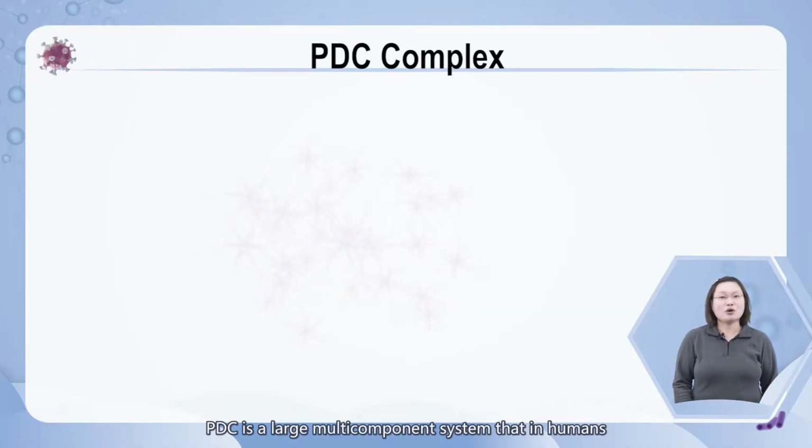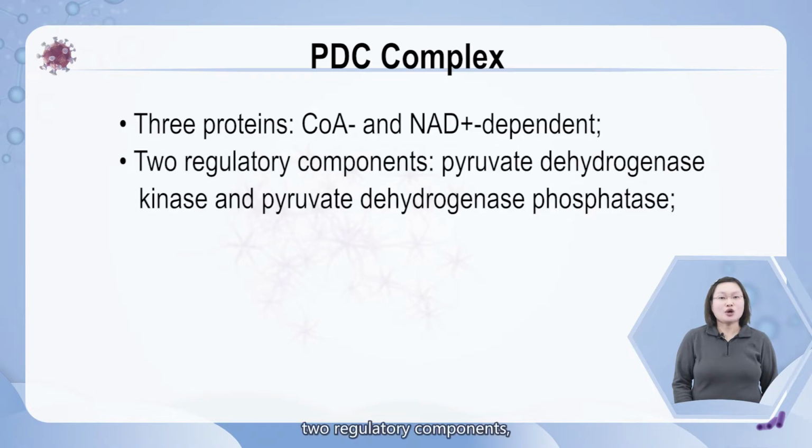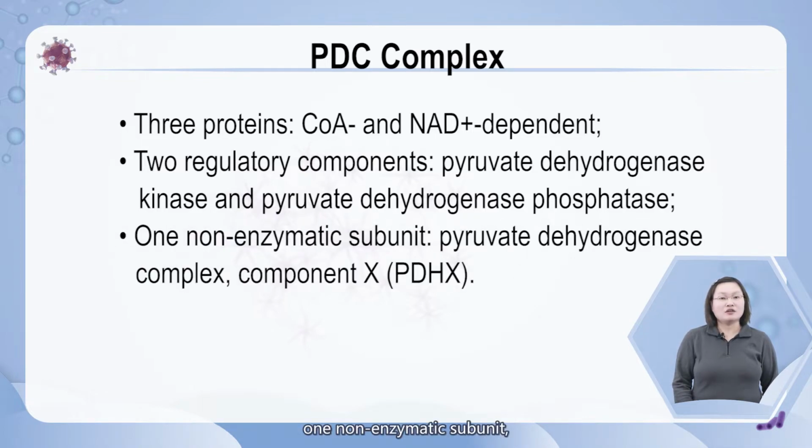PDC is a large multi-component system that in humans is composed of 3 proteins that are directly involved in CoA and NAD-dependent pyruvate decarboxylation, 2 regulator components, for example, pyruvate dehydrogenase kinase and pyruvate dehydrogenase phosphatase, and 1 non-enzymatic substrate, for example, pyruvate dehydrogenase complex 10.